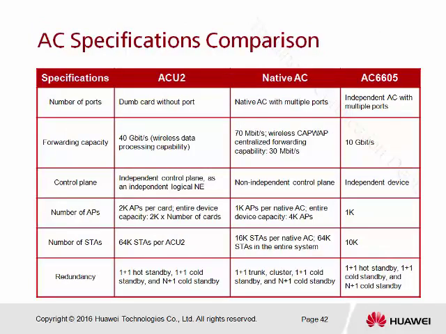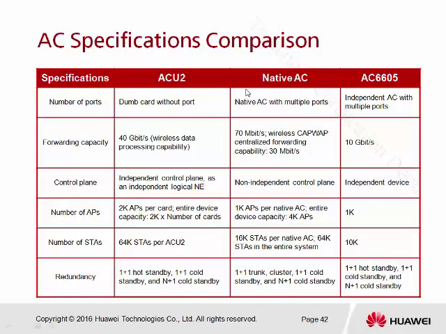For us to use the AC to manage all the APs, we have a few ways. The first one, if we're using a chassis switch, we can use the ACU2 to manage the APs, or we can use the native AC to do that. The AC6605 belongs to the box switch.